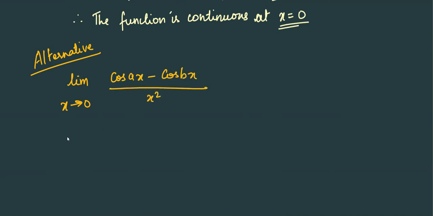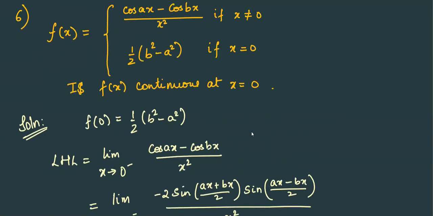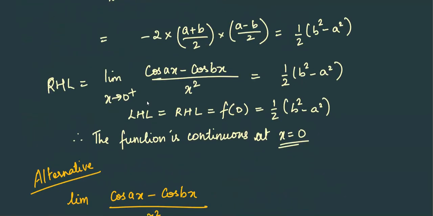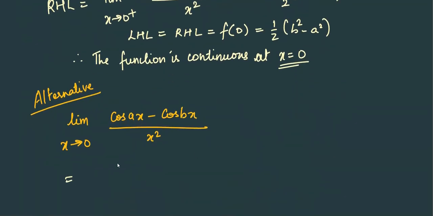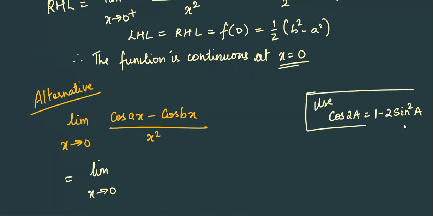How can you do this? The function value is sure, but how can you find the limit value? We have to use a trigonometric identity: cos 2a is 1 minus 2 sine square a. So use this.